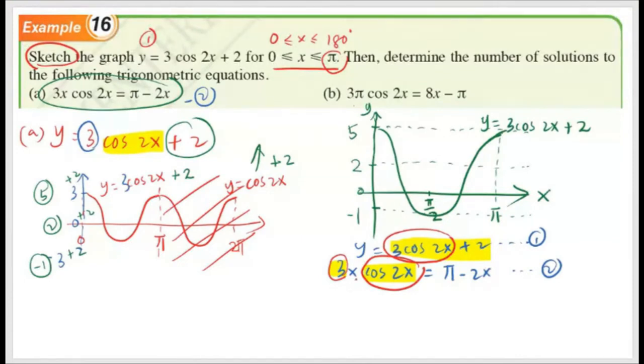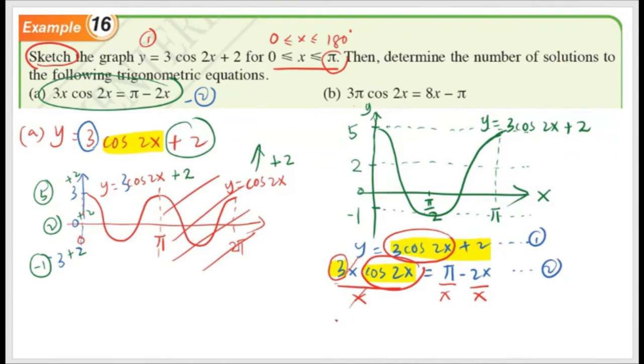Divide by x, right? Because I want to make it the same as the first equation. So I divide by x. Once you divide x for the first term, then every term you have to divide by x. Every term has to be divided by x. So there, this one has no x already.